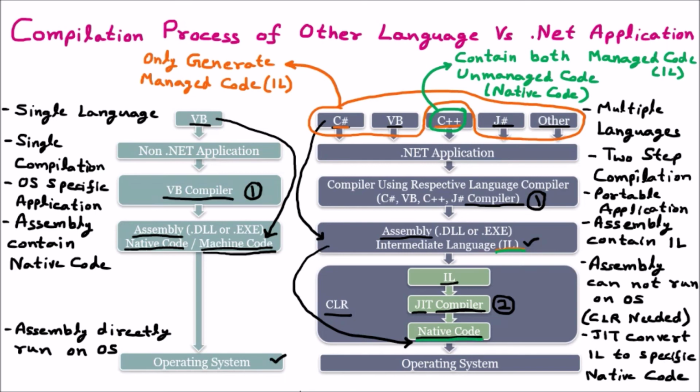So only C++ in .NET can contain managed as well as unmanaged code, meaning IL and native code, but all the other languages like C#, VB, J# have only managed code, that means the intermediate language. So this is all about the difference between a normal language and the .NET application.